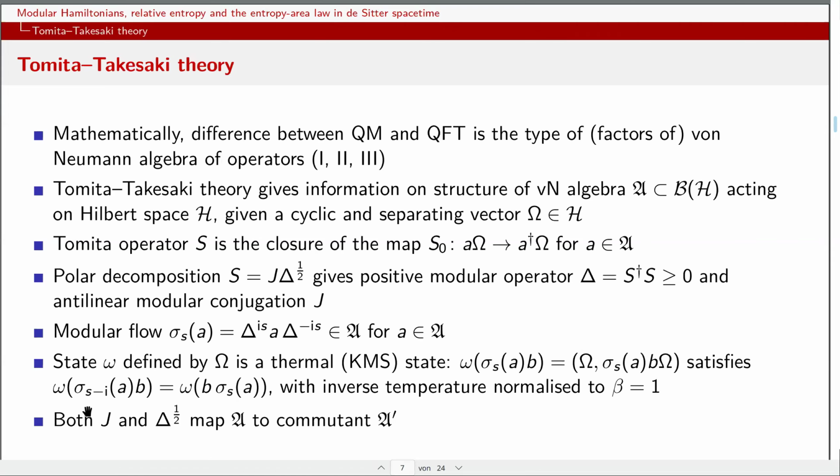Which, if you look at quantum mechanics or quantum statistical mechanics, is the usual condition that is satisfied for a thermal state. It doesn't mean that you can commute the operators without anything else. Okay.